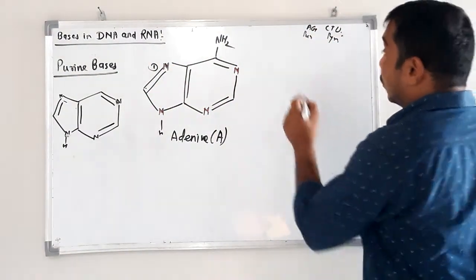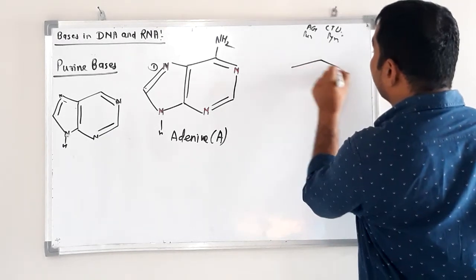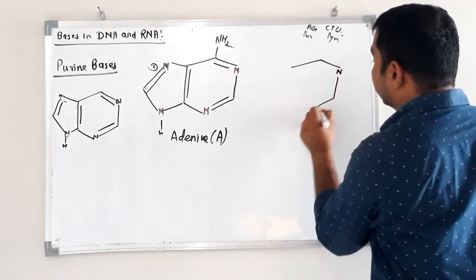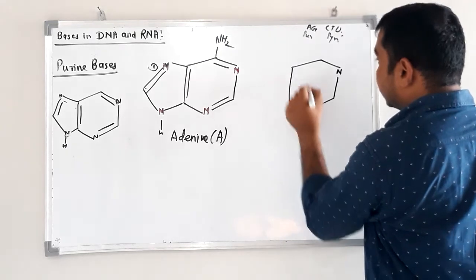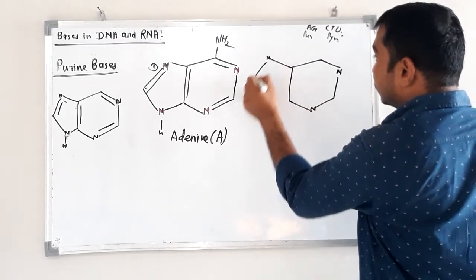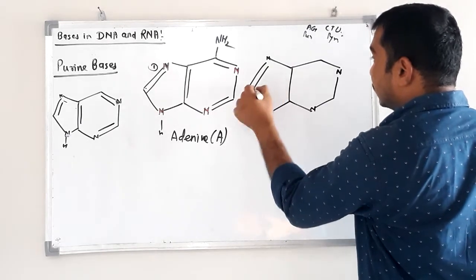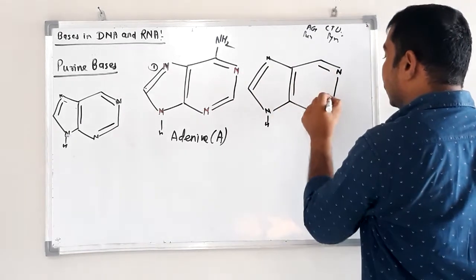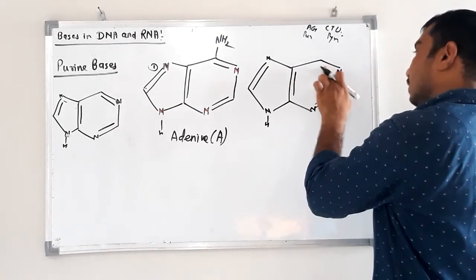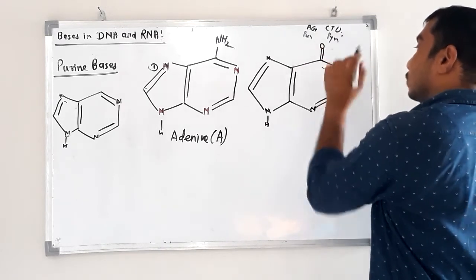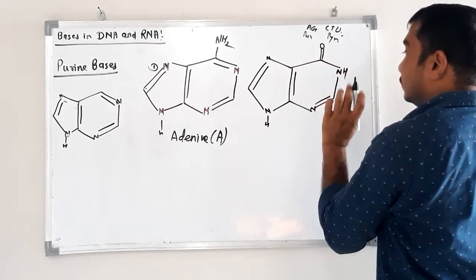One more is guanine, having this structure. This is hydrogen. Here guanine contains CO and NH.